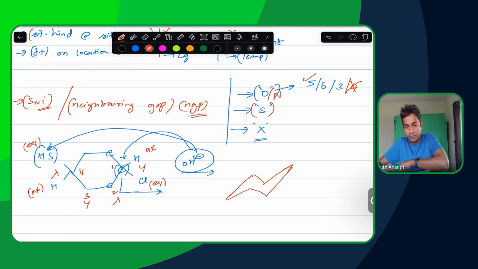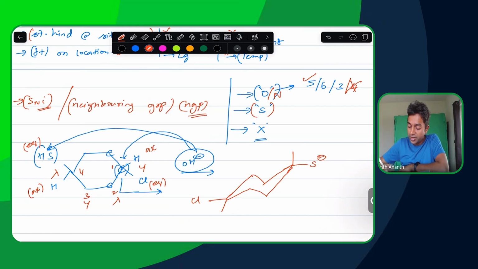This is my chair form. If I'm placing these, these are the locations. Now let's place the chlorine here. Where will it be? Chlorine and sulfur will be equatorial, equatorial. So I have S minus here and I will have chlorine here.